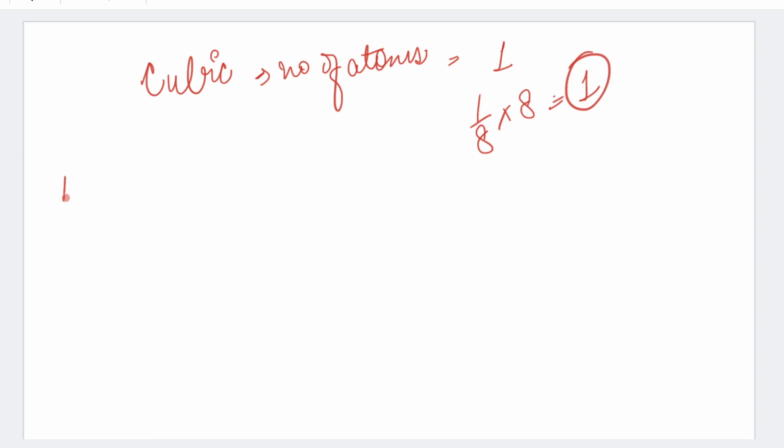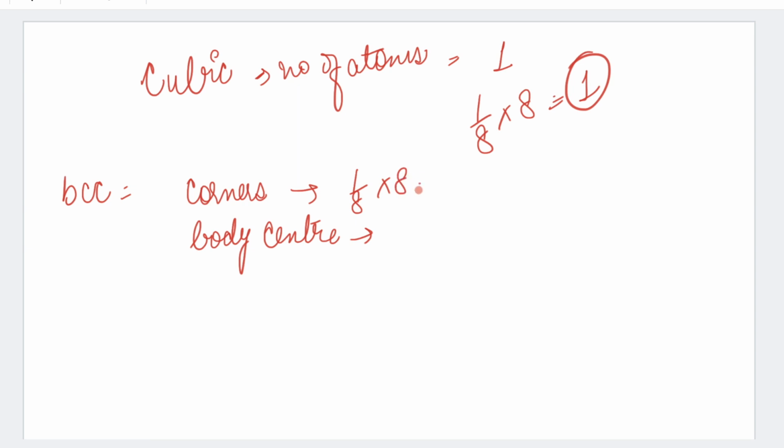And in BCC, atoms are present on corners and body center. The corners give 1 by 8, again 1, and in the body center 1 is present, shared by no one, so 1 multiplied by 1, and total 2.